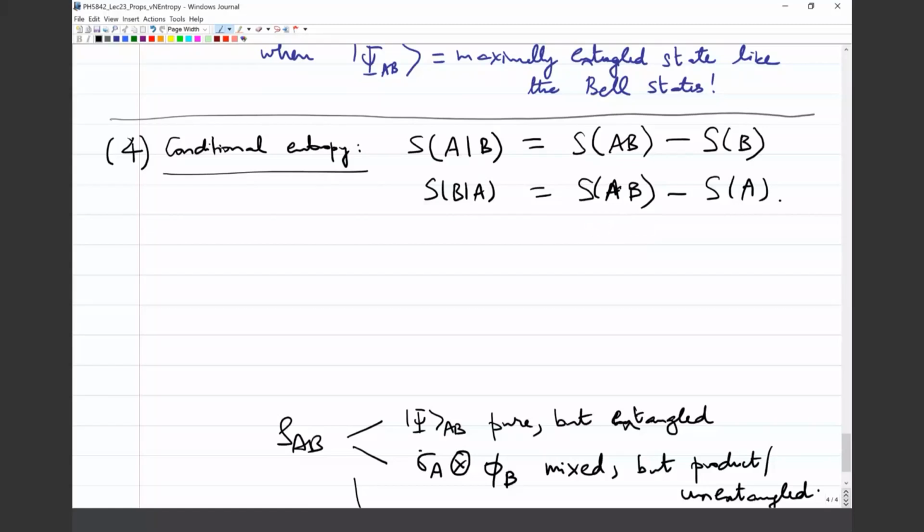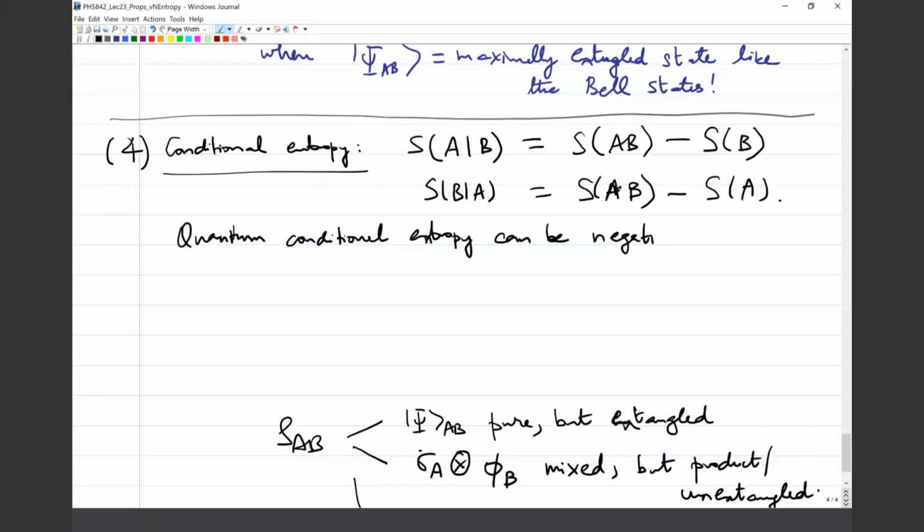In the classical case, the conditional entropy was always positive. But quantum conditional entropy can be negative, right? So that's again a very interesting departure from the classical case.